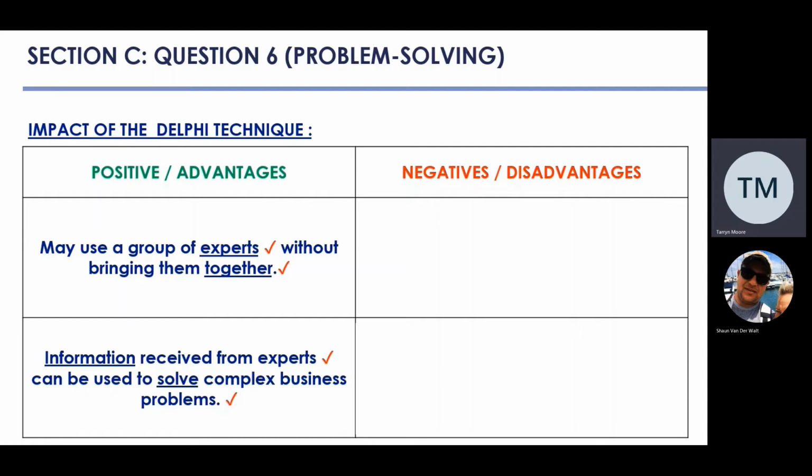I am making use of experts, and they're not in the room. They are at their own venues, and they are receiving information based on a problem. And those experts are experts. They have experience. So that information that we receive from the experts can be used in my business to solve my problem.